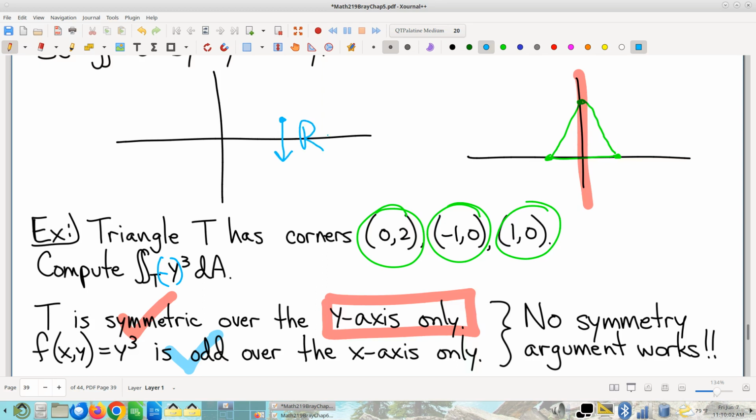That's a reflection that would make the y coordinate the negative of what it had been. Notice that reflection is over the x-axis. So yes, we have the two needed symmetries, but they're not over the same line.